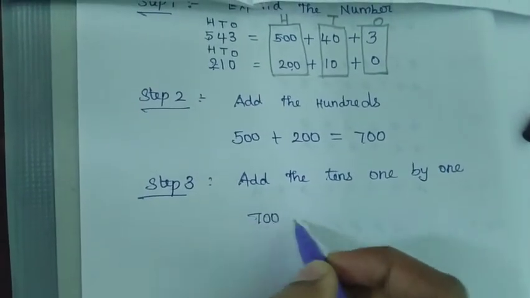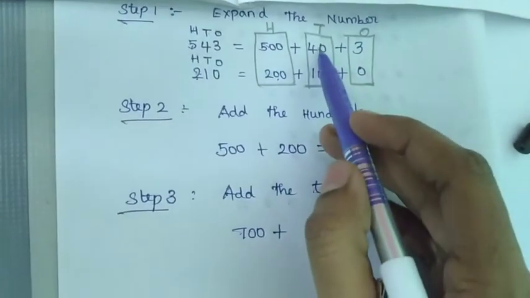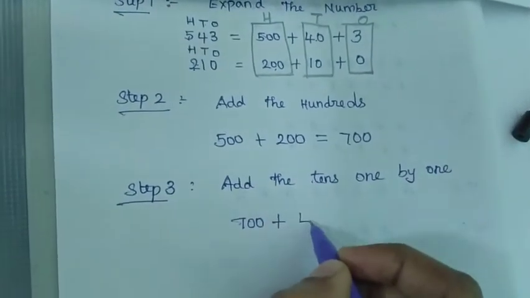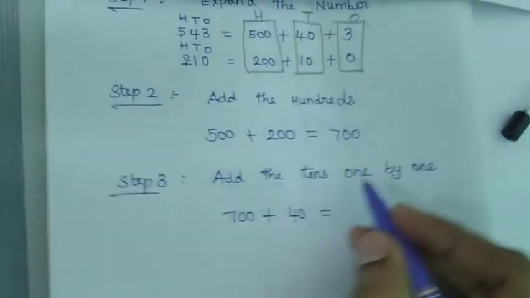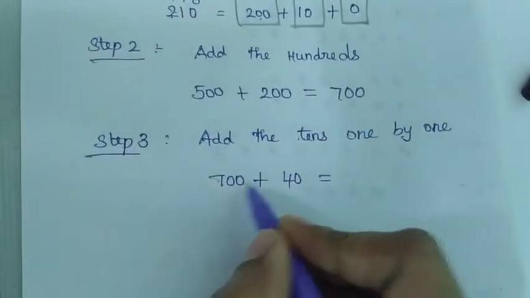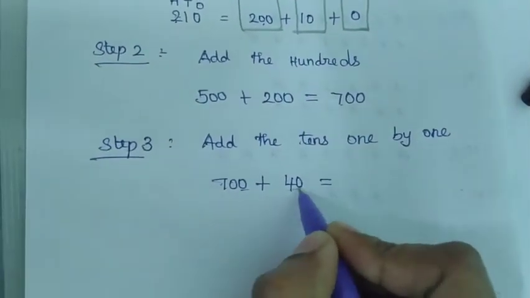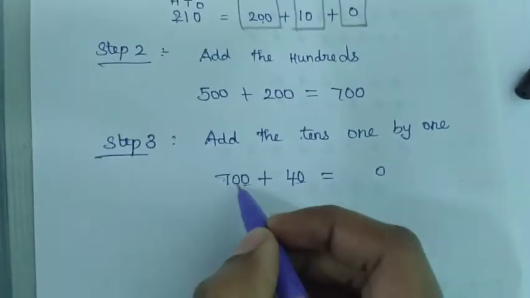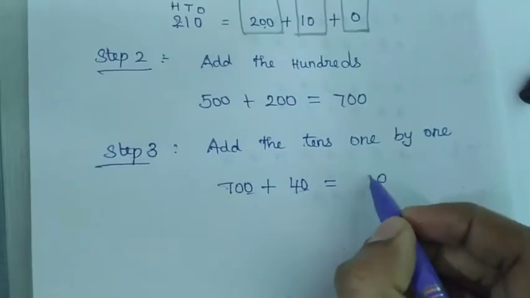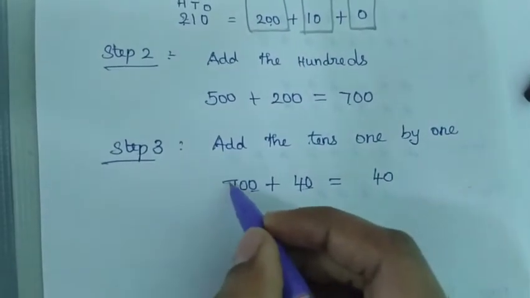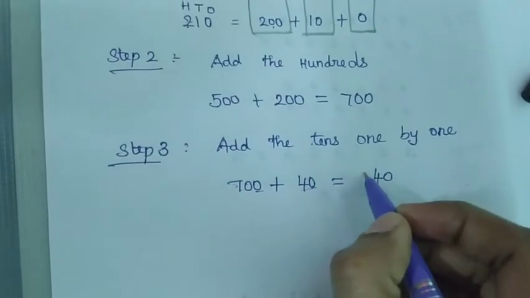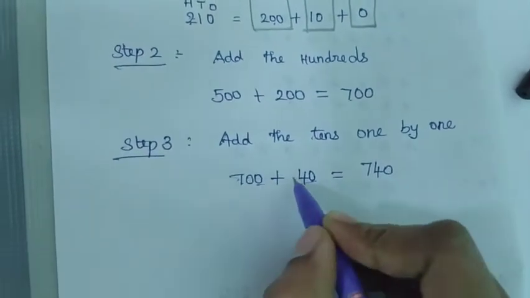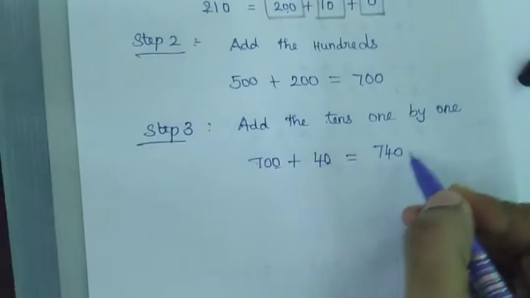So put 700 plus, what is the first tens? 40. Now we want to add the last number. 0 plus 0, 0. 0 plus 4, 4. 7 plus, here there is no number, so put 7 itself. So 700 plus 40 equal to 740.